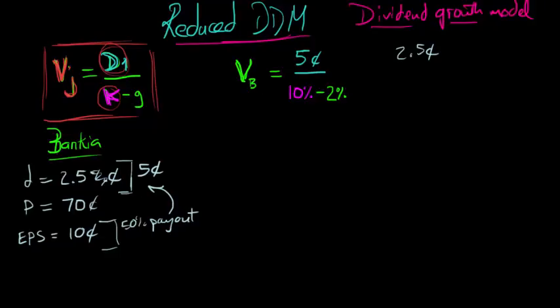Alright, so going further, V of B is going to be equal to our 5 cents divided by the adjusted required return, which is the required return less growth. So that's going to be divided by 8%.